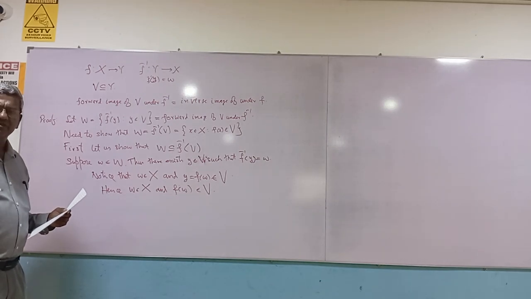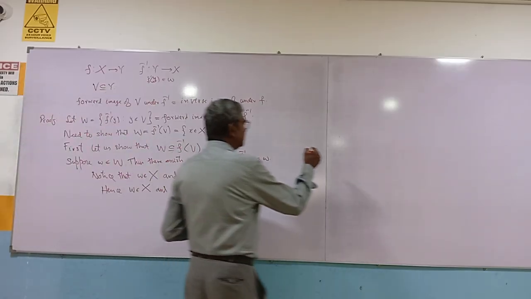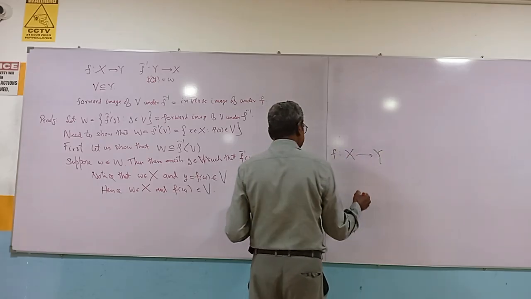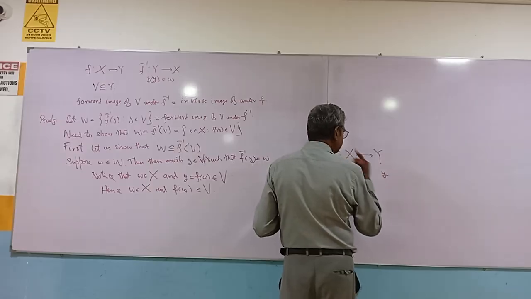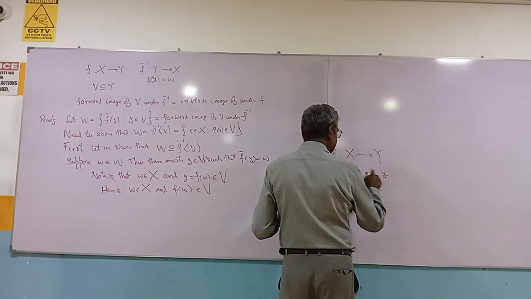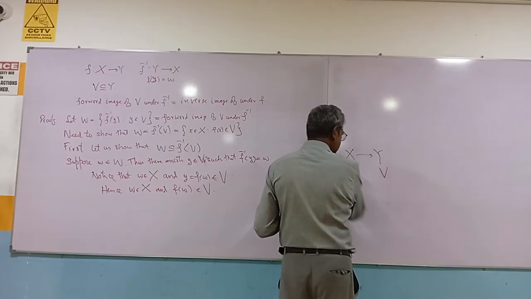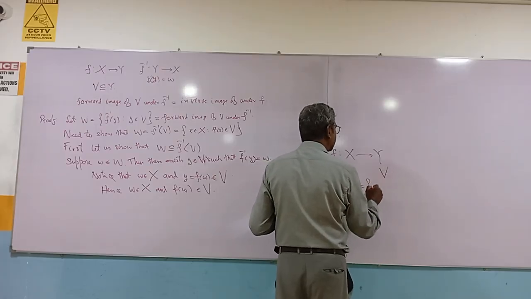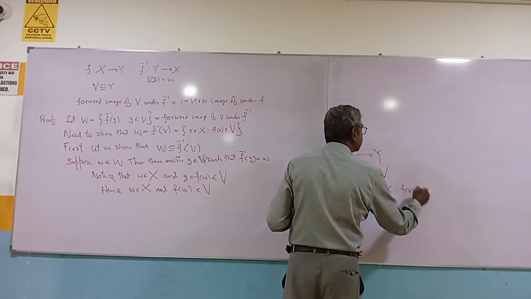W belongs to F inverse V by definition. Because here, when you have F going from X to Y, if you take a subset here, V, or U, or whatever, we say F inverse V is the set of all x belonging to X such that Fx belongs to V. This is the definition.